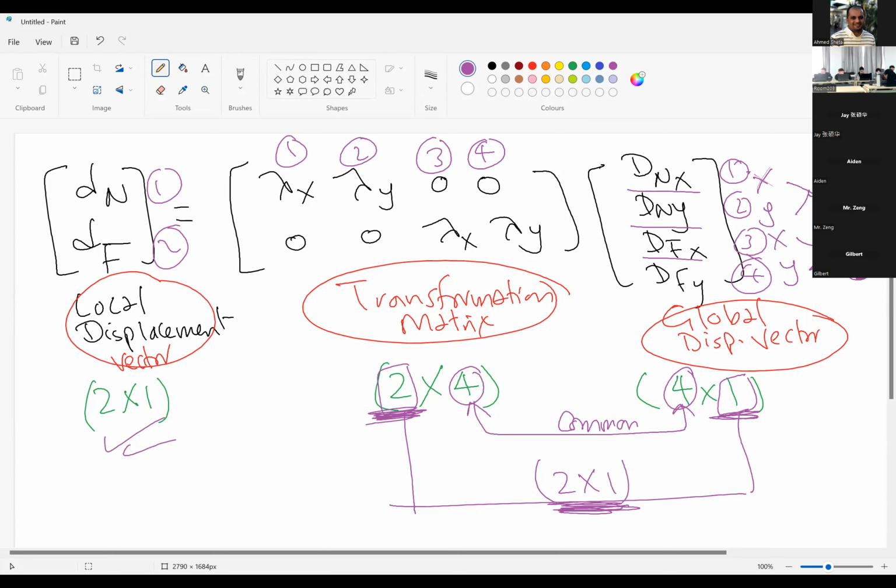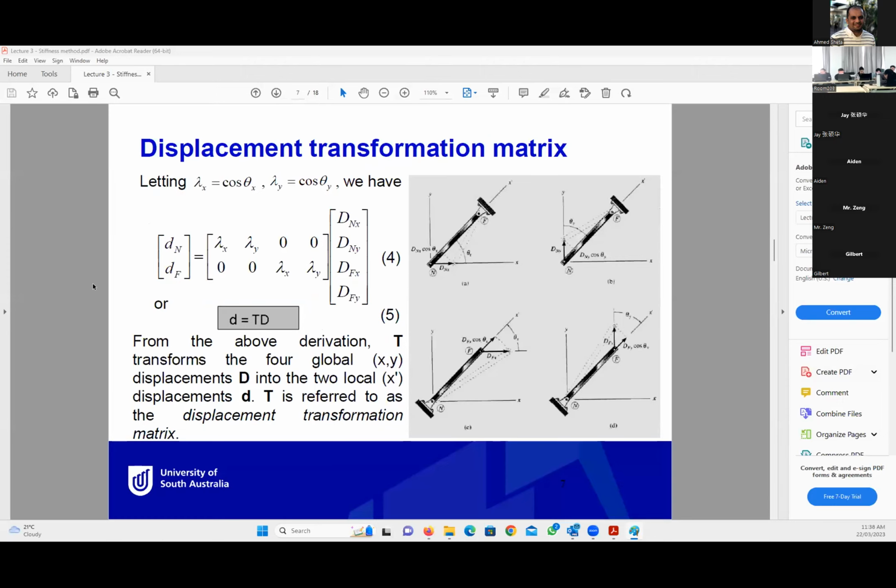So if we go back to the slides, to make it easier for you, this is our final equation: d equal to T times D, where T is the transformation matrix to transform the 4 global displacements D into the 2 local displacements d small.